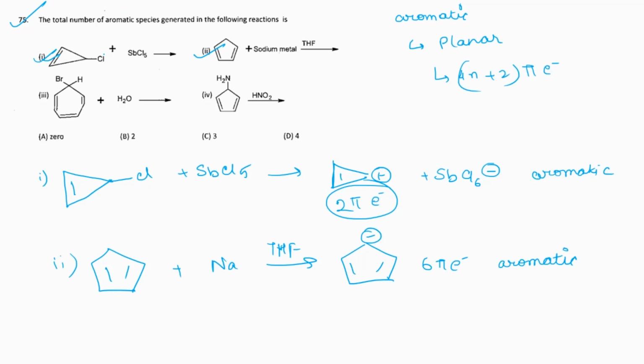For the next one, it is a 7-member ring with 1, 2, 3 double bonds over here, here, here, and bromine, hydrogen. Water is added to it. Now what will it do?